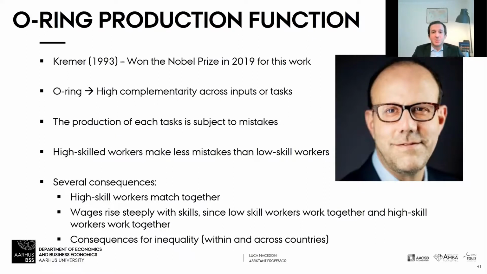It's much more efficient to have a team with just people like me and a team with people like Cristiano Ronaldo. I don't know if that makes much sense, but the basic idea is that if your chain is as weak as your weakest link, you're going to have different chains so that the quality of each link is the same as the others. So you're going to have a high-quality chain, a medium-quality chain, and a low-quality chain.